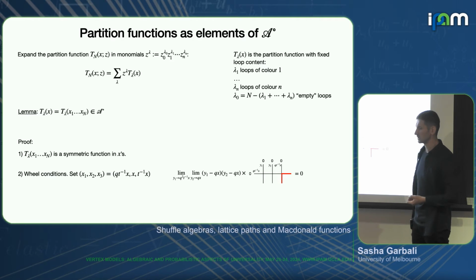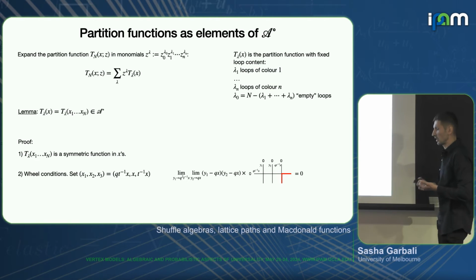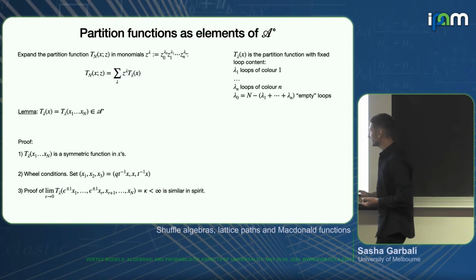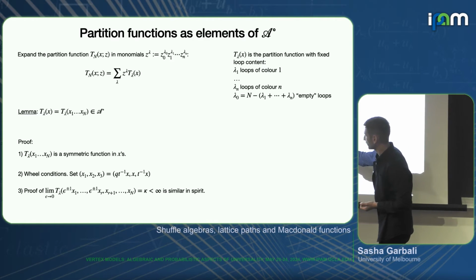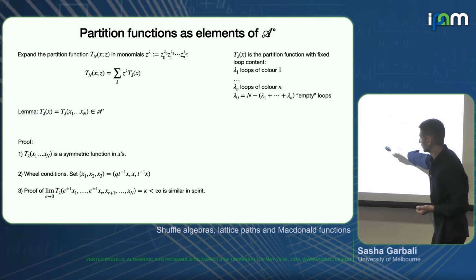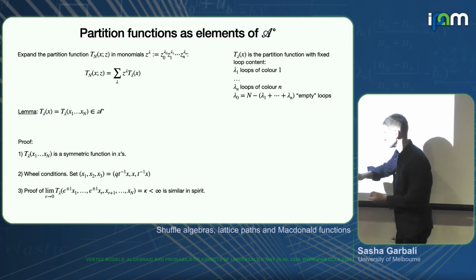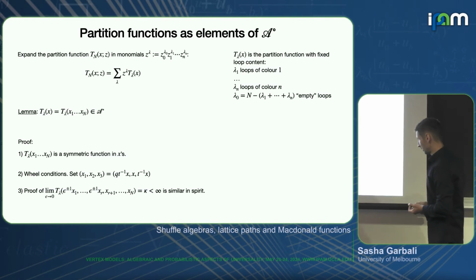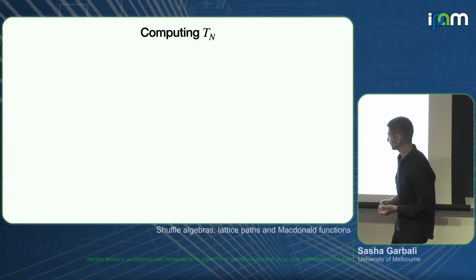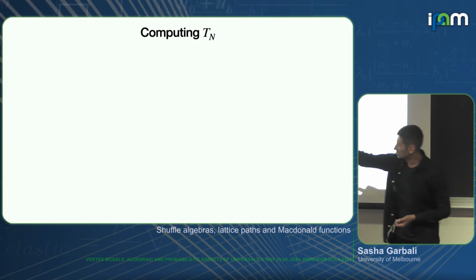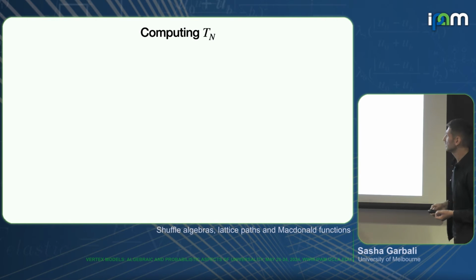You can prove these wheel conditions in exactly the same kind of computation. And you can also prove that these elements are parts of a commutative shuffle algebra by using the same kind of computations. You can take some variables to go to 0 or to infinity, and you can show that they give the same limits. So now this T_n, that partition function, is an element of the shuffle algebra.